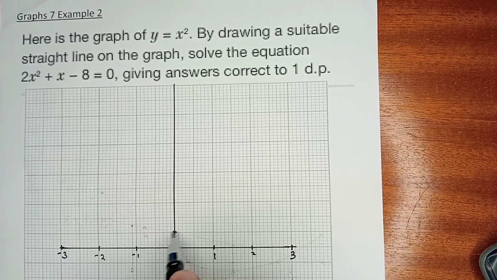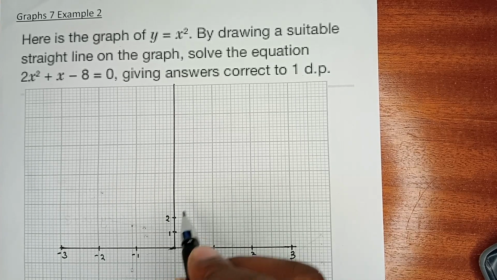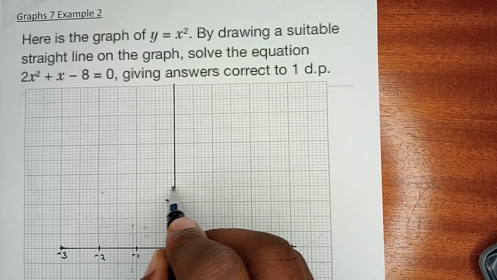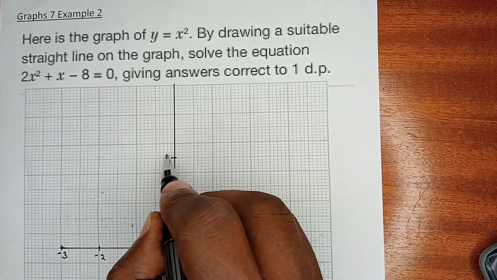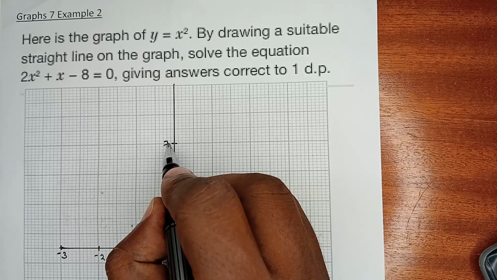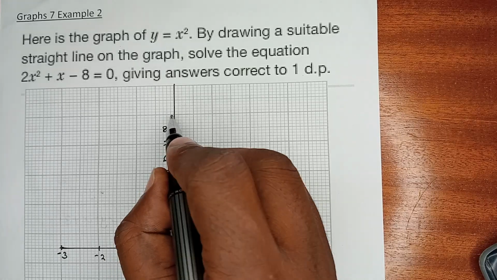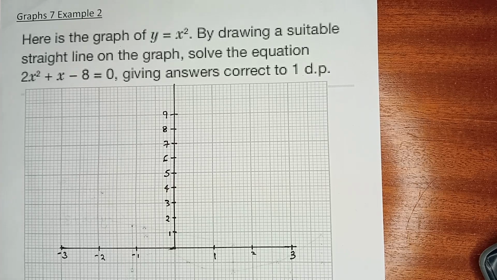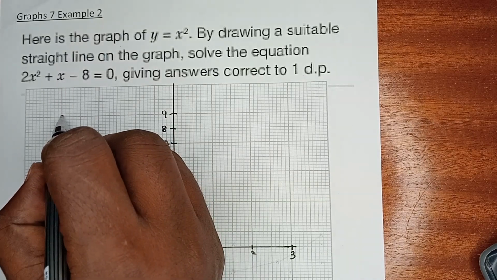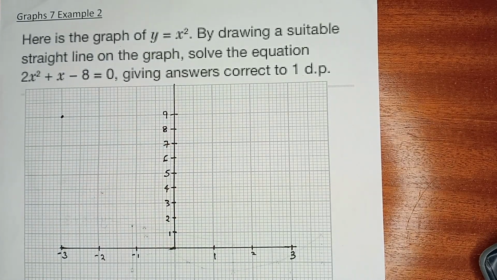But if we say 1, 2, 3, 4, 5, 6, 7, 8, and 9, we may not want to go beyond that. So when x is -3, -3 squared is actually 9. That point, we are going to plot that point.